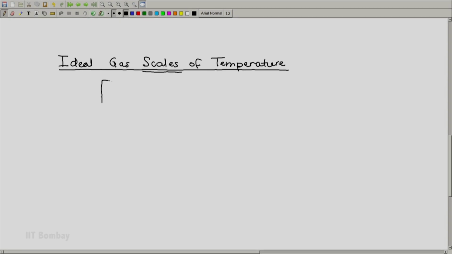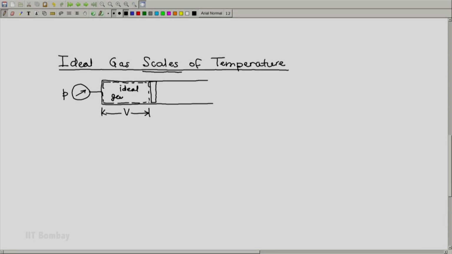The ideal gas thermometer would be a system, say a cylinder piston arrangement, which would enclose our system. We will measure its pressure, we measure its volume, and this is an ideal gas of a fixed mass, say m.